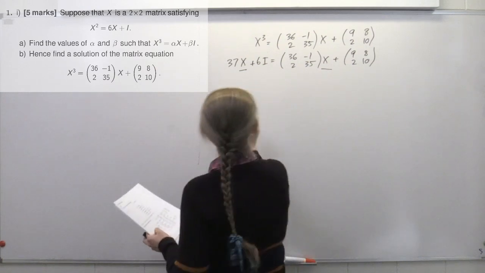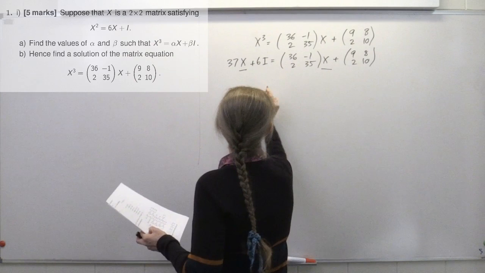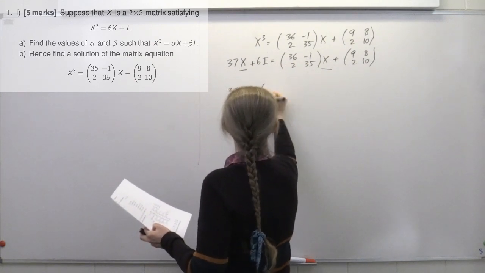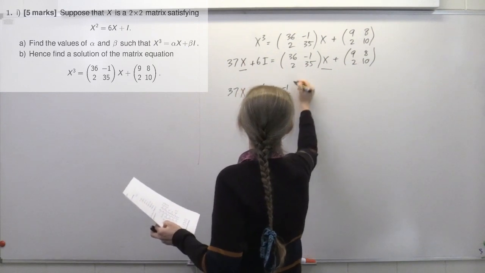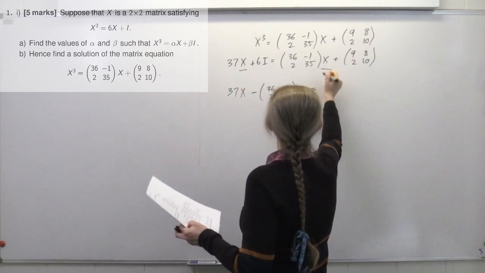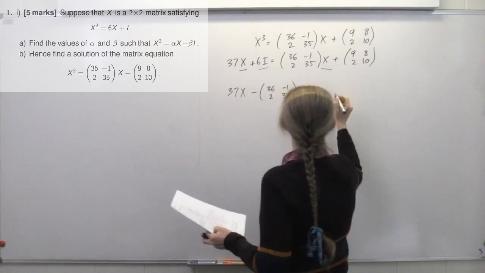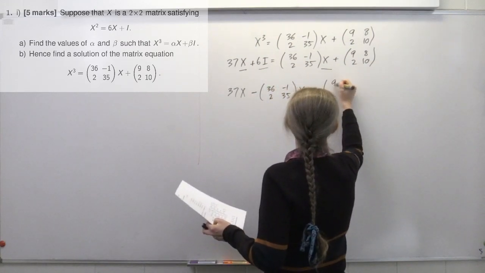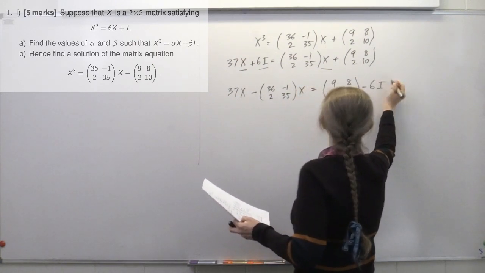So what we can do is actually factorise this and put 37x minus 36, 2, minus 1, 35, x, taking all the x's over to the left-hand side and moving this 6i over to the right-hand side, 9, 8, 2, 10, minus 6i.